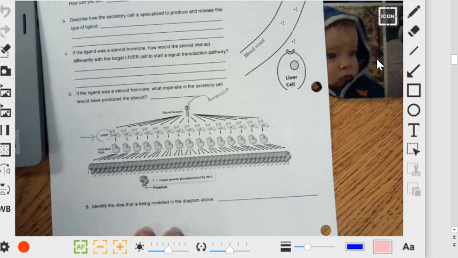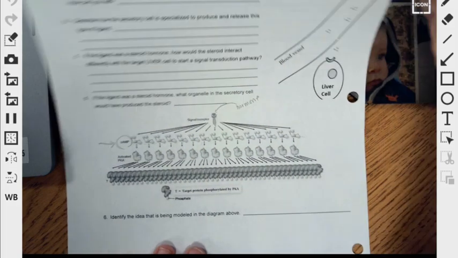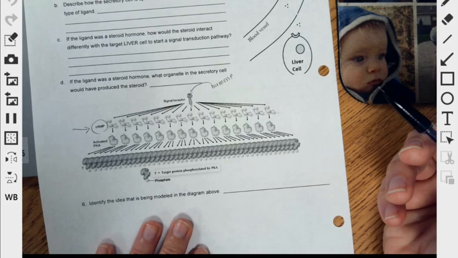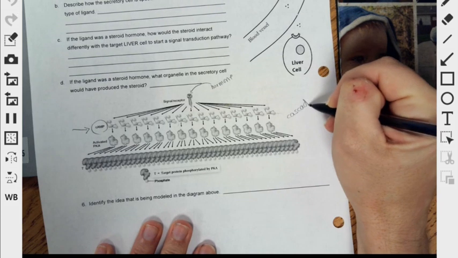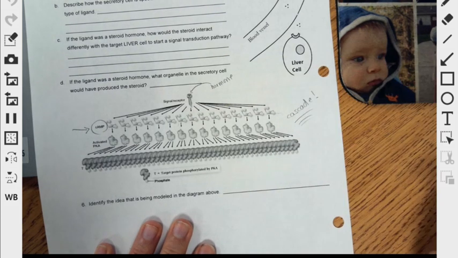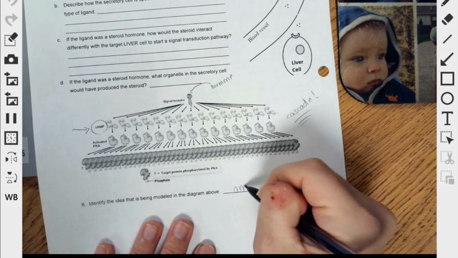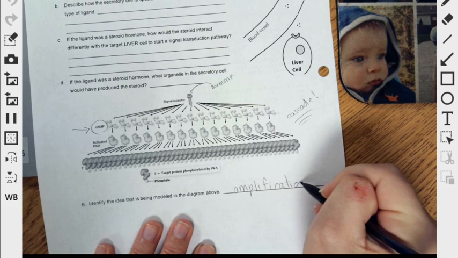In regards to the signal transduction pathway, we can call that a signaling cascade. If a signaling cascade is happening, then the signal is growing, or we say that amplification of the signal is taking place. That's a word that you need to know.